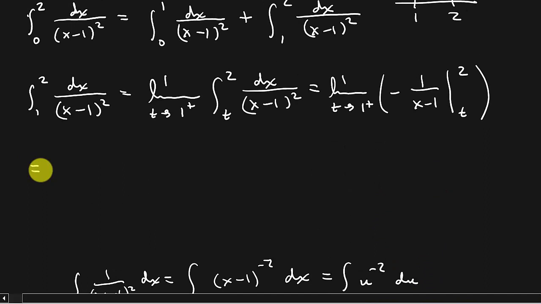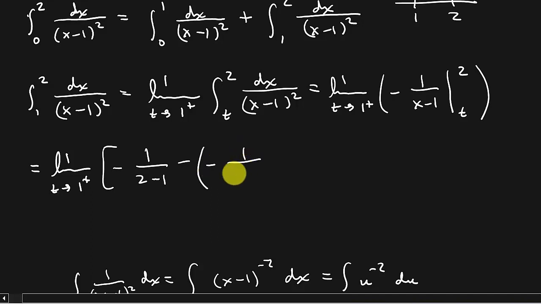Now this is equal to the limit as t goes to 1 from the right of negative 1 over 2 minus 1, minus negative 1 over t minus 1. This part is just negative 1, and then the minus and the minus would be a plus, so we would have plus.